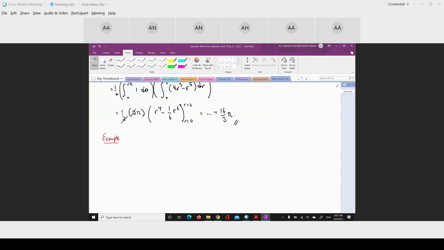Suppose G is a cylindrical object, x squared plus y squared equal to 4, bounded above by z equal to 4 and bounded below by the xy plane.